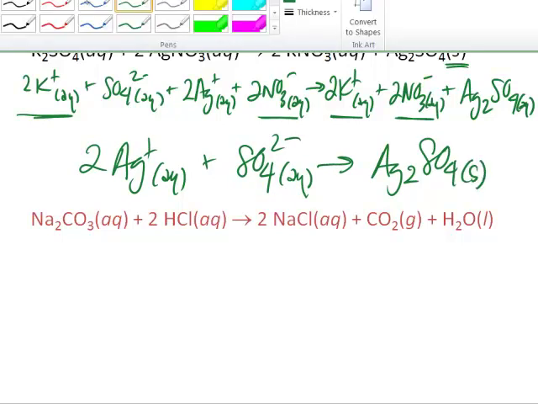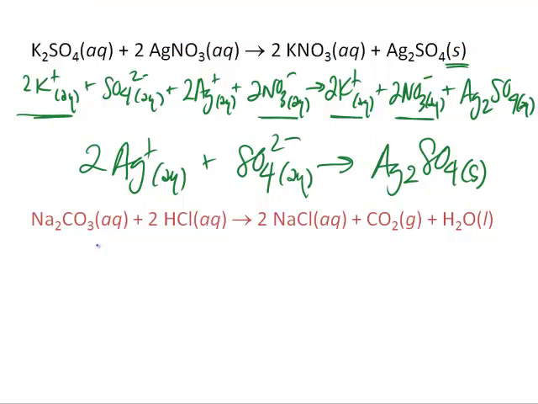Okay, let's take a look at the next example. We've got sodium carbonate plus hydrochloric acid yields sodium chloride, carbon dioxide gas, and water. Again, anytime we have an aqueous component, we can break that up into the complete ionic equation. This is 2 moles of sodium plus 1 mole of carbonate aqueous plus 2 H plus.